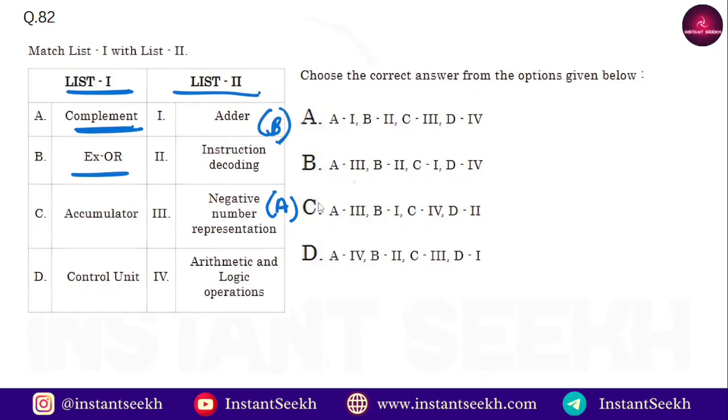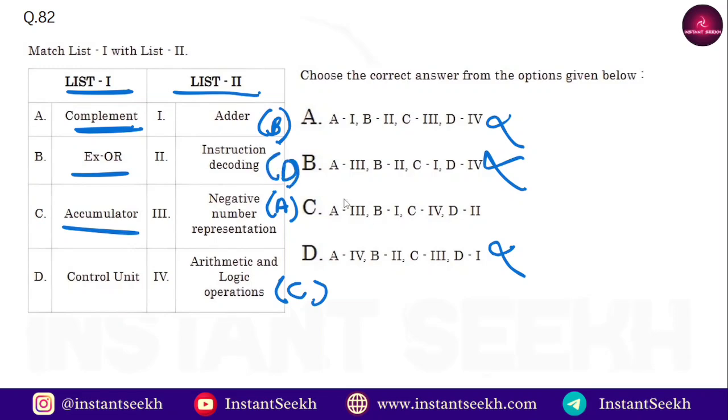Let's try to eliminate. A goes for 3, so these two get eliminated. B goes for 1, so this also gets eliminated. Accumulator is a register in the CPU that stores intermediate arithmetic and logical results, so this goes for option C. And the control unit is used for decoding instructions.